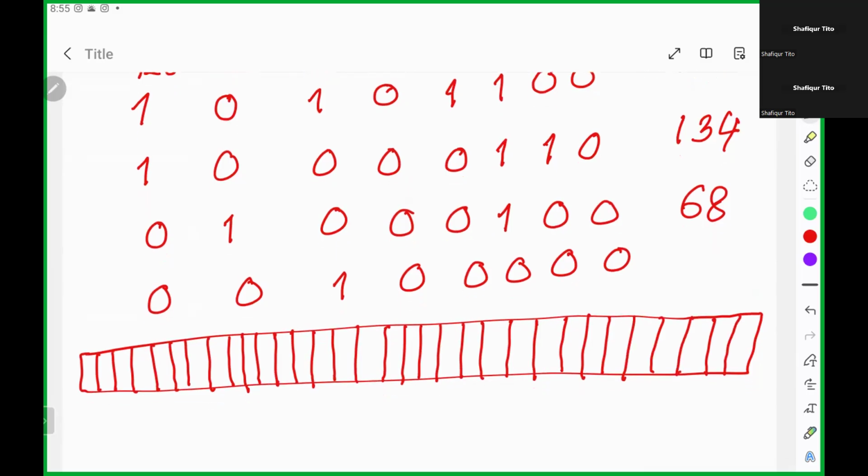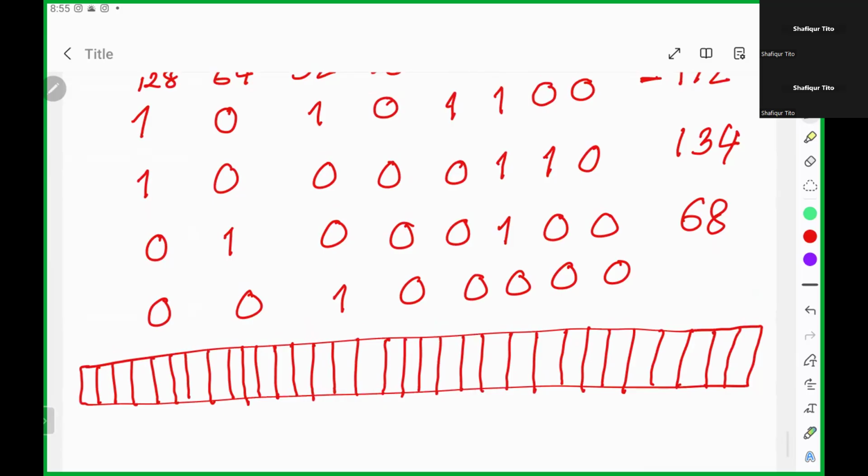Okay. Then we'll start from the rightmost bit, which is 1, 0, 1, 0, 1, 1, 0, 0. This is my first. Then I will have 1, 0, 0, 0, 0, 1, 1, 0, and then I can have red 0.